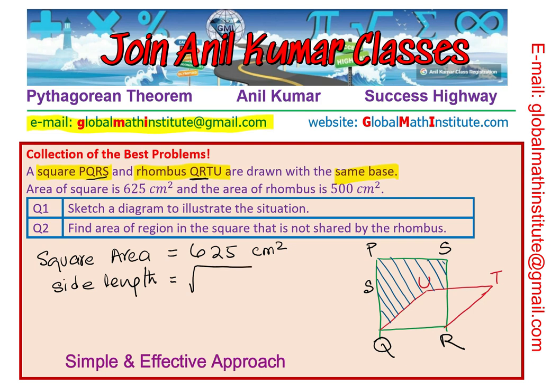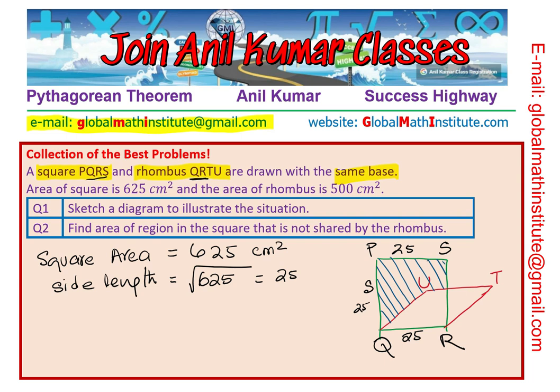Square root, right, of 625, which is 25. So each side of the square is 25 units long. So that means base is also 25. Makes sense, right? All are in centimeters. So we found that the dimension of the square is 25 centimeters each side. Now let's get back to the rhombus.